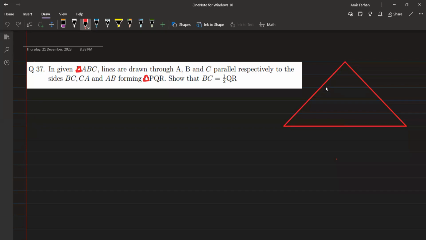So the opposite rectangle will be formed here like this.